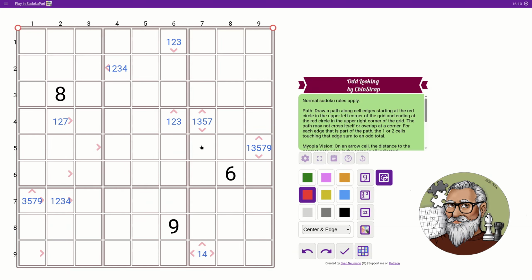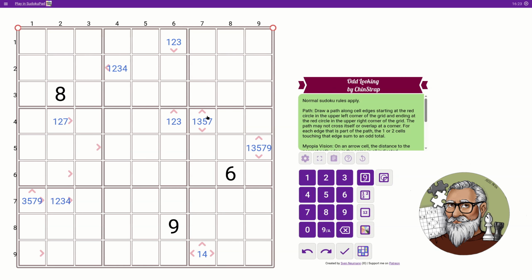Did that help me at all? I'm not sure. You know what I know? I know that this one is 1, 3, 5, 7, and there's a path in one of those two. Doesn't help. I know that. Okay, sip of tea. I was hoping for more out of these.